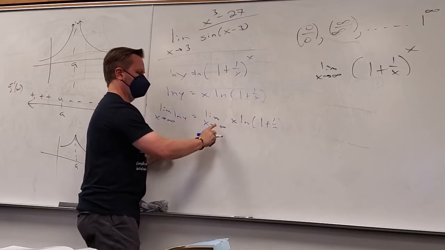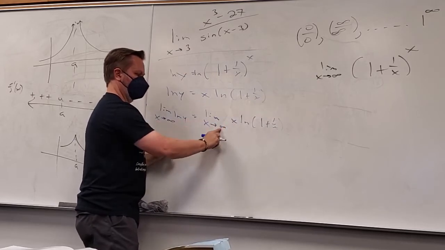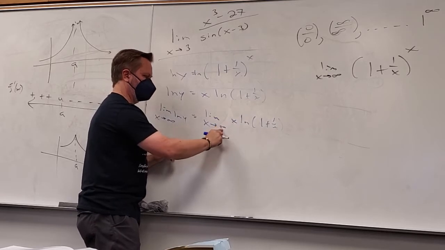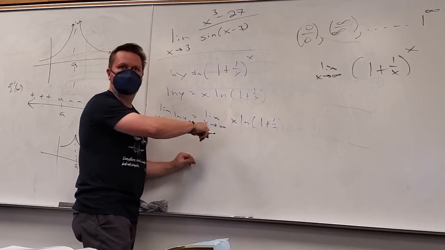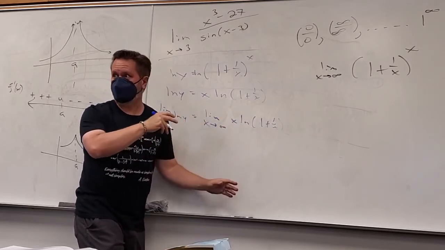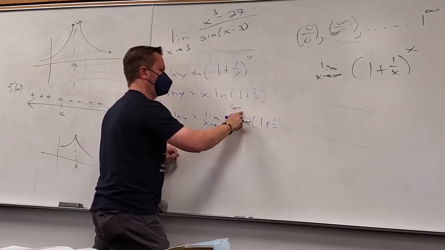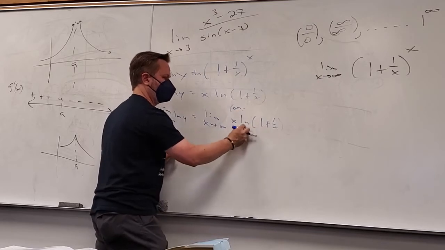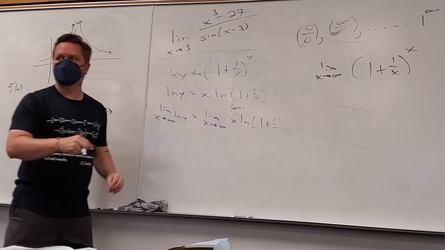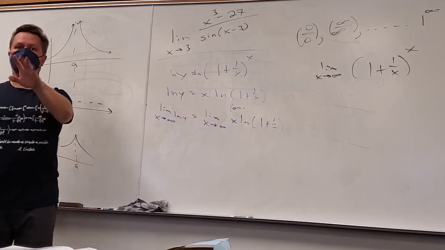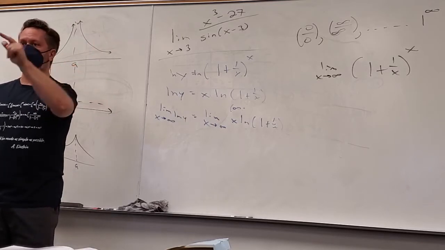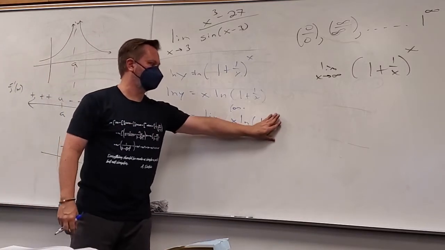What form is this in? x goes to infinity. When x goes to infinity, what is the natural log of 1 plus 1 over x doing? What's 1 over x doing when x gets big? It goes to 0. So you're left with the natural log of 1, which is 0.